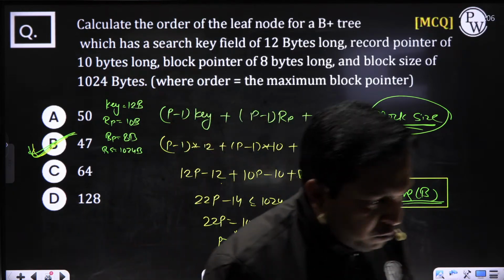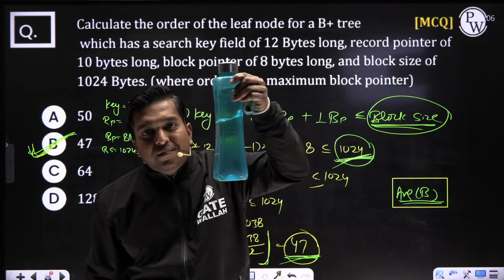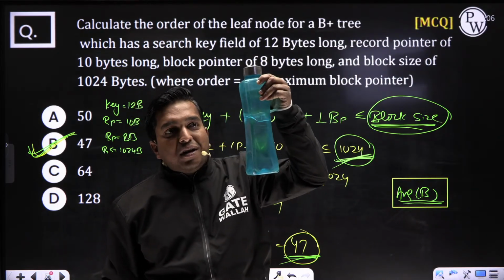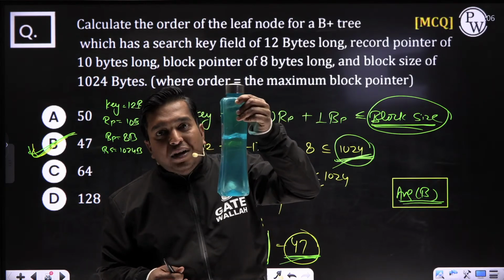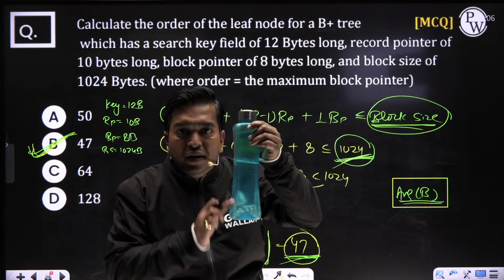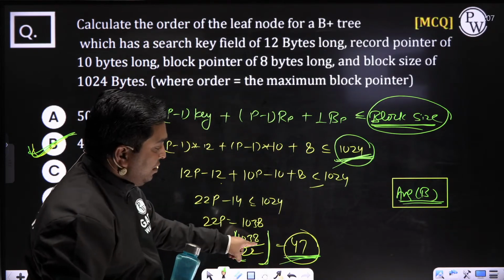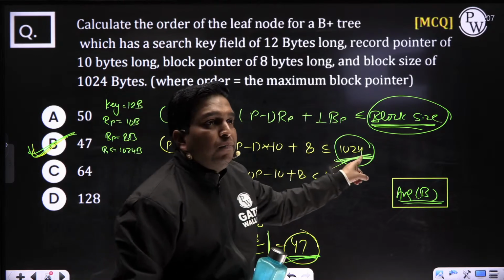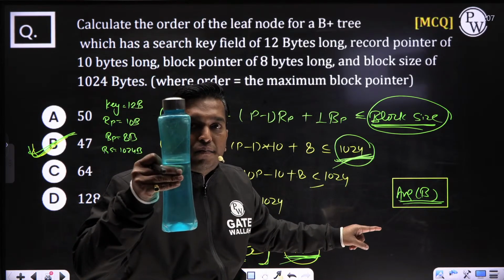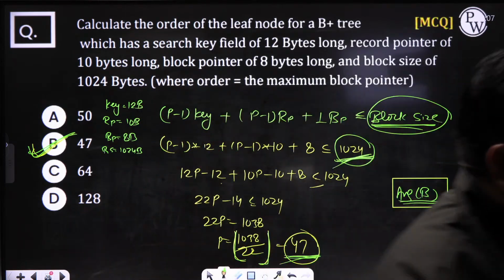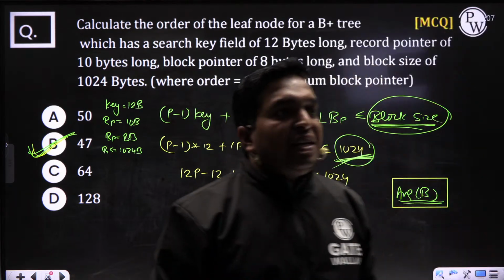This is a bottle of 1 liter, so I can fill only 1 liter of water. If I take the order of P with ceiling, I will get more than 1 liter of liquid, so that does not fit in this bottle block. Clear Anjali? Clear beta?